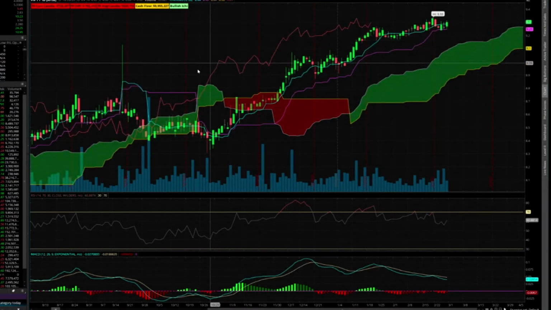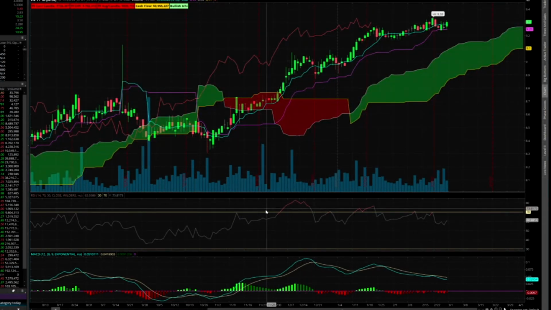I use the Ichimoku cloud indicator as my main indicator set that I rely on. I rely on this indicator more than I do the RSI and MACD. The relative strength index and the moving average convergence divergence indicator down here I use as correlation confirmation indicators with my Ichimoku cloud.